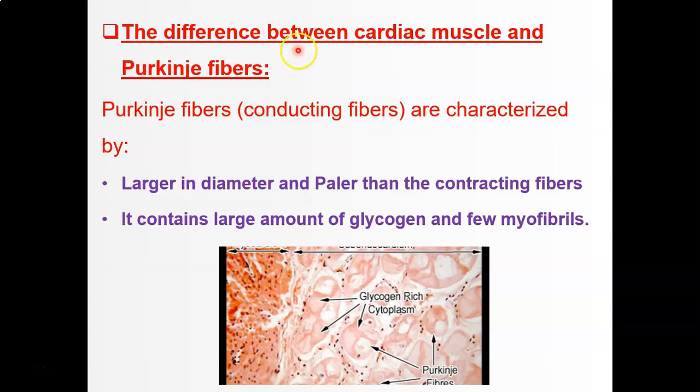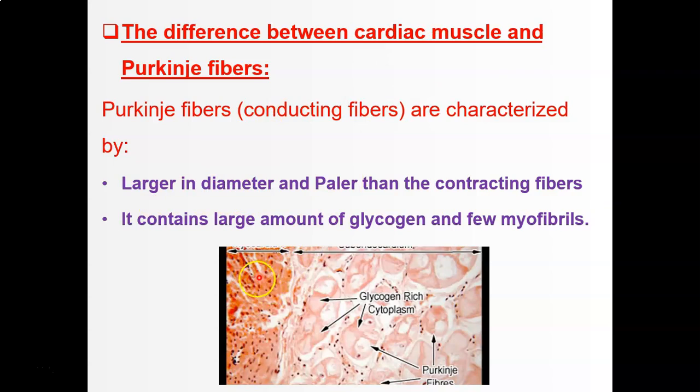What is the difference between the cardiac muscle fibers and Purkinje fibers? Purkinje fibers are the conducting fibers that conduct the impulse from the AV node to the whole ventricle, either the right ventricle or the left ventricle. The Purkinje fibers are characterized by being larger in diameter than the cardiac muscle.